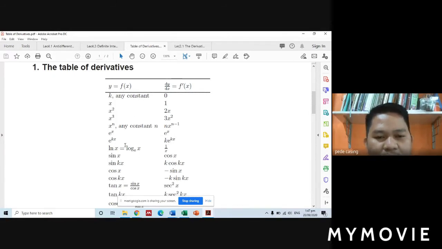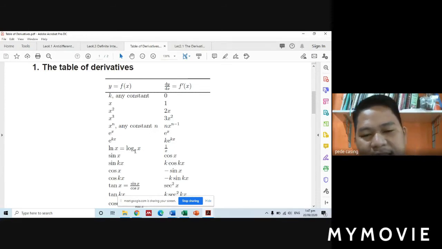So I will continue. ln x, natural logarithm x, is equal to the logarithm of x to the base e. The derivative is 1 over x. What is the derivative of sine x? The derivative of sine x is equal to cosine x.